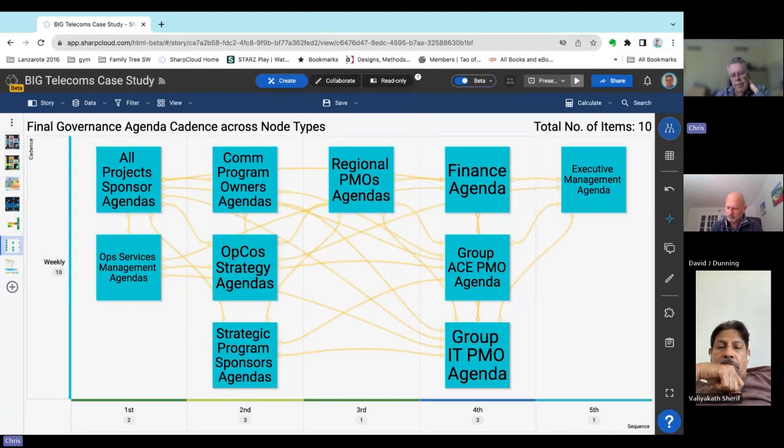And so I think it is quite important to show that what was trying to be done in this organization was to get executives the governance data they needed for decision making on a weekly basis, right?